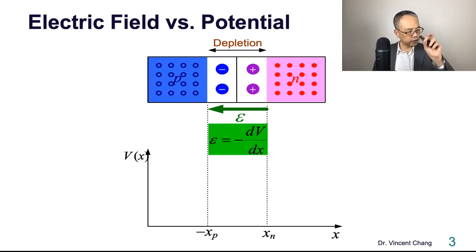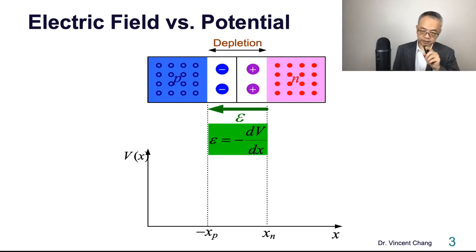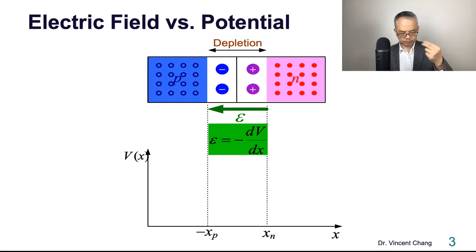So what's the relationship between the electric field and the electric potential? This is the relationship. The electric field is the gradient of the potential, the differentiation of the potential, negative dV/dx. But why is there a negative sign?